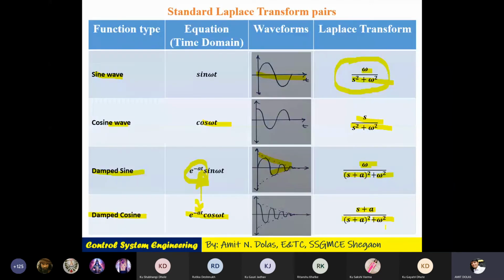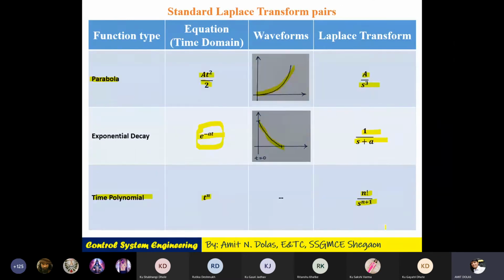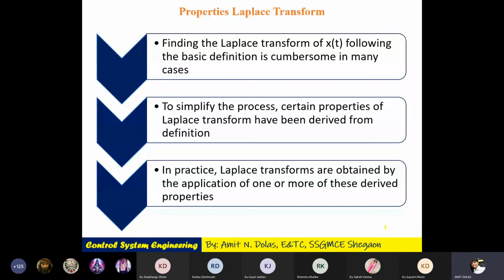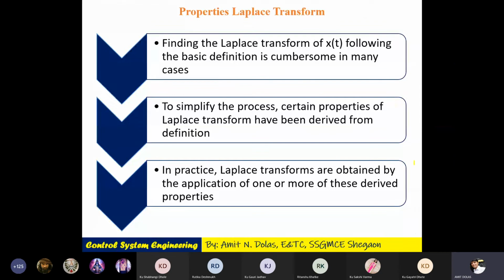So these are some important signals whose Laplace transforms are computed, and you may use these directly while solving the transfer function. No need to put into the definition and compute the Laplace transform.